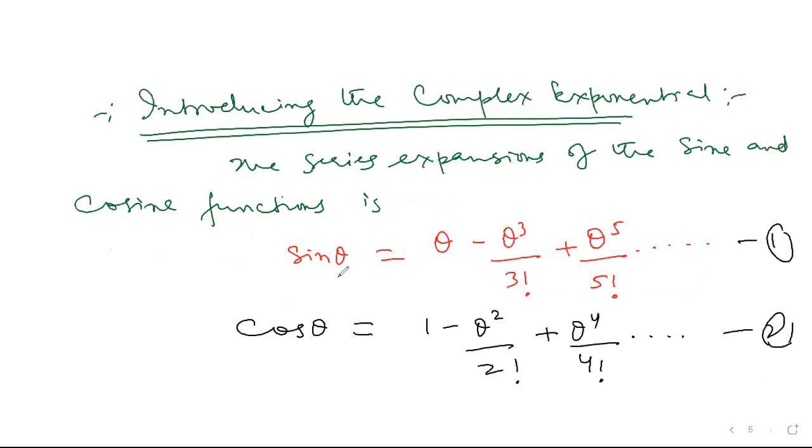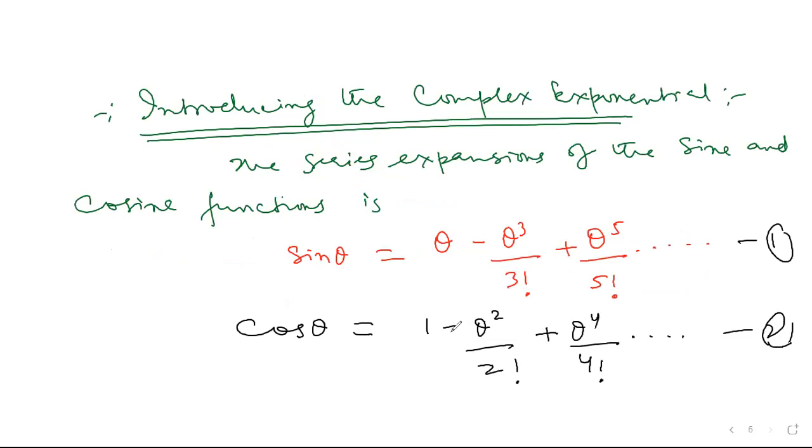See the pattern? Sine theta is theta minus theta cubed by 3 factorial, then plus theta raised to 5 by 5 factorial. Next term will be negative theta raised to 7 by 7 factorial and so on. So here we have only odd powers and odd factorials, and the sign of the terms is alternately changing, positive and negative.